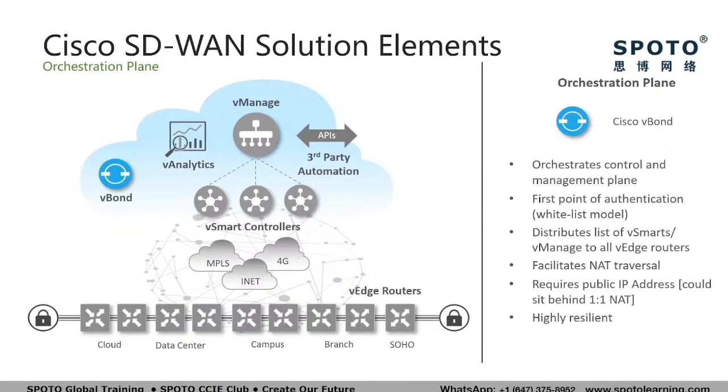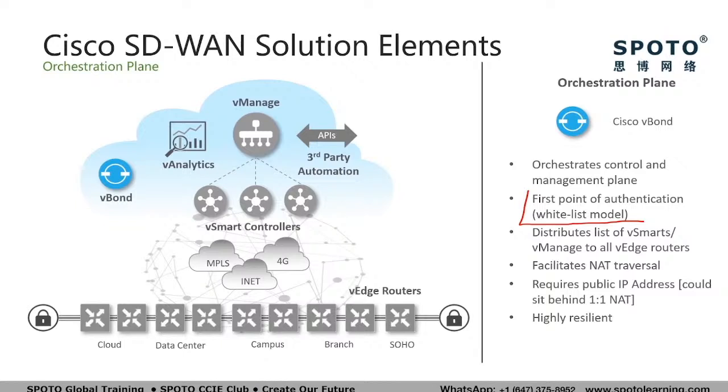So it's a single point of authentication, and it's a whitelist model. So the vEdge you are going to bring on board needs to be whitelisted in advance. It automatically distributes list of vSmart controllers and the vManage system to the vEdge routers during the bring-up process.